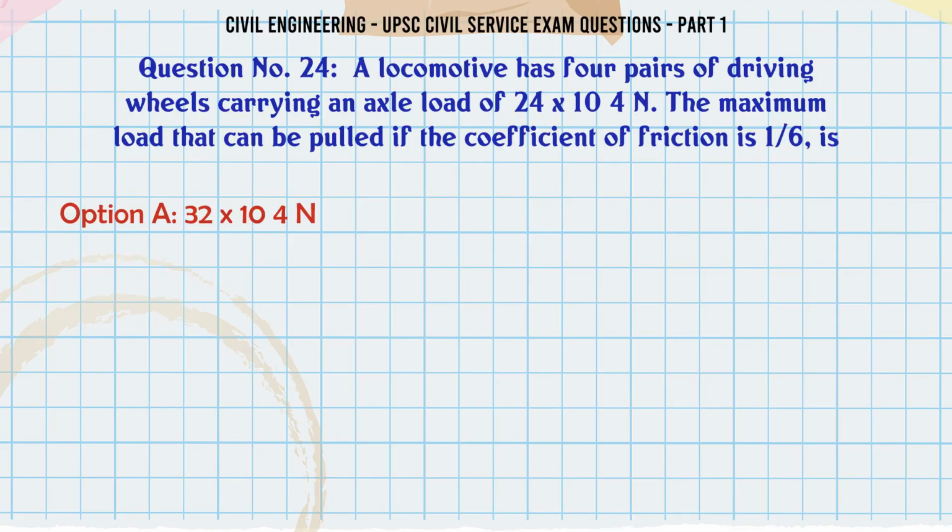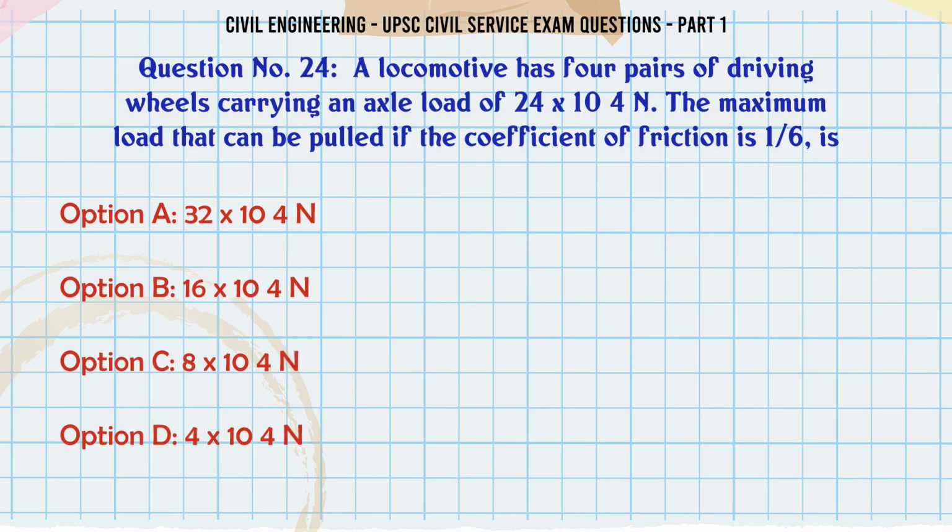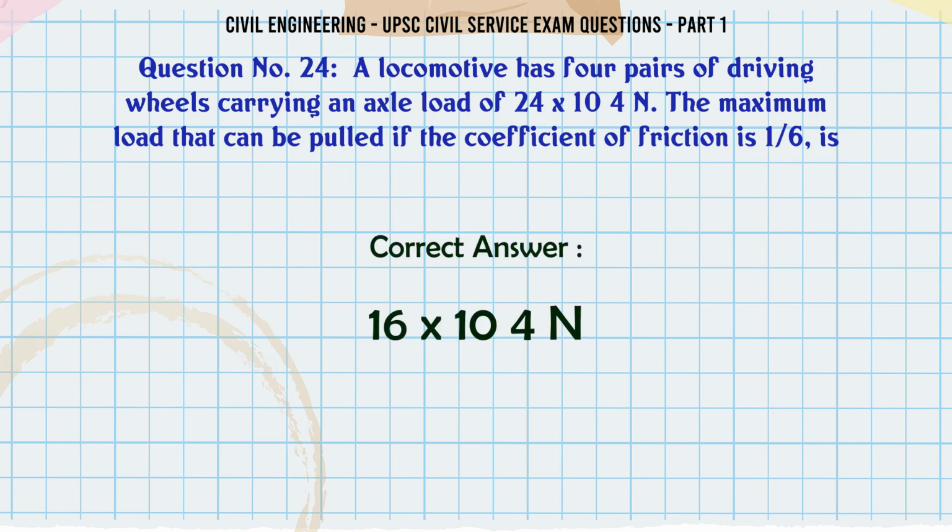A locomotive has 4 pairs of driving wheels carrying an axle load of 24 x 10⁴ N. The maximum load that can be pulled if the coefficient of friction is 1/6 is A 32 x 10⁴ N, B 16 x 10⁴ N, C 8 x 10⁴ N, D 4 x 10⁴ N. The correct answer is 16 x 10⁴ N.